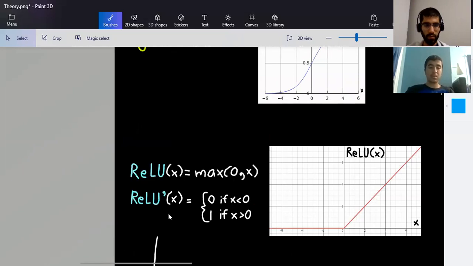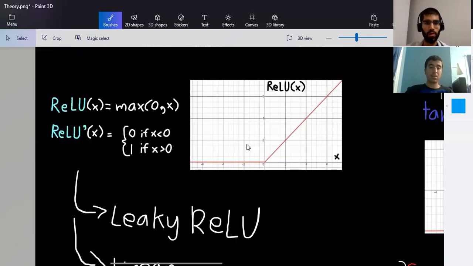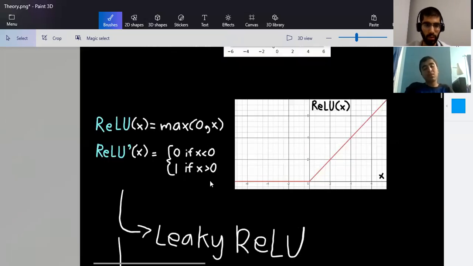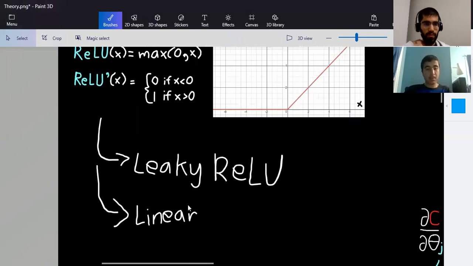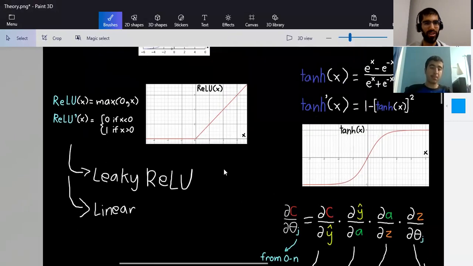What is their derivative? What is their actual formula? And what is their use case? Why would we want to use a leaky ReLU function versus a ReLU function, for example? And the same with the linear. Cool. All right, that's the first section done. 1 out of 3. Yay.